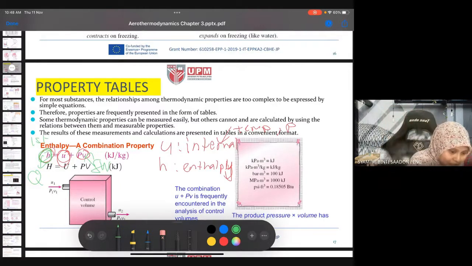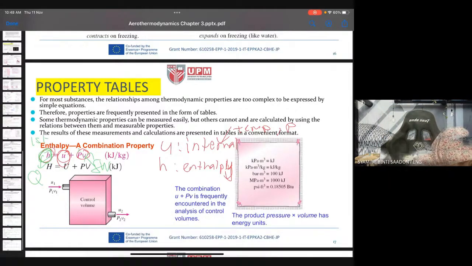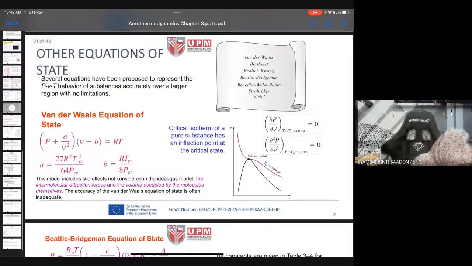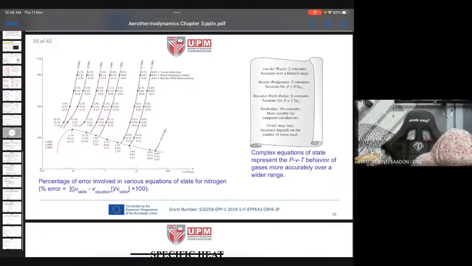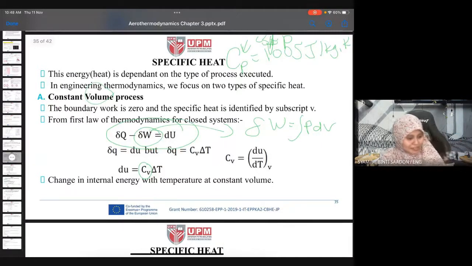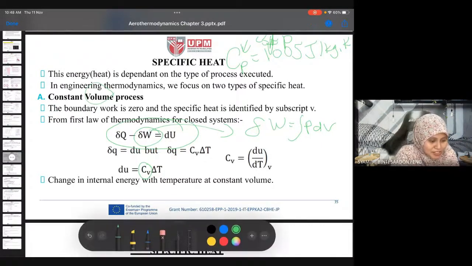So don't get confused, this is the same.